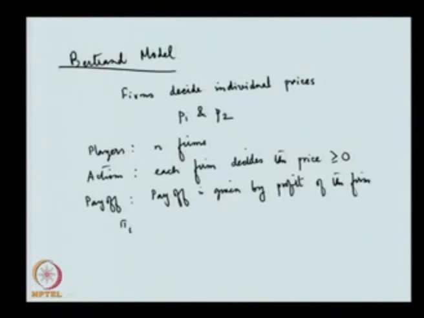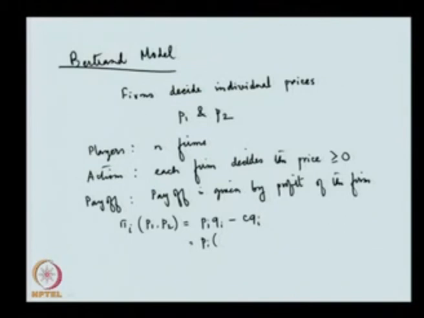Okay, so let us say pi I is a function of P1 and P2, and it is given by the following: pi I equals Pi Qi minus C Qi. What is Q?